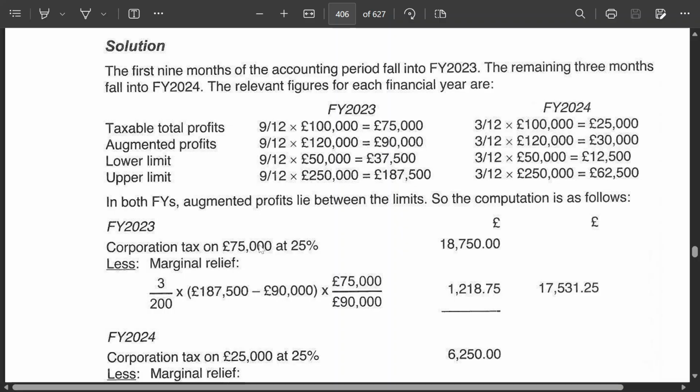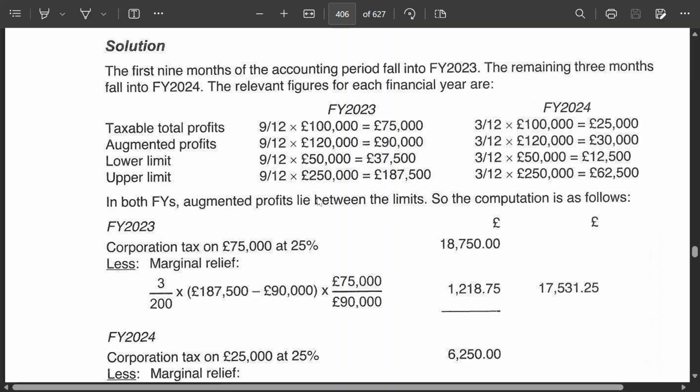Okay, so first term in the equation is on the right hand side. The first term will be: take the TTP for that year times 25%. This is your first term, but minus the second term, which is the marginal relief. And what's the marginal relief? Is MR fraction times UL minus AP times TTP by AP.